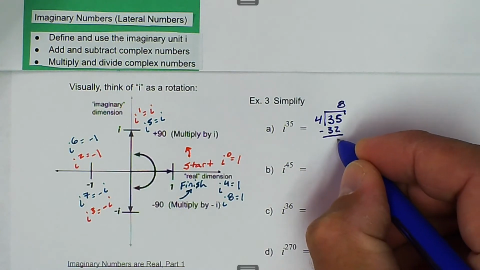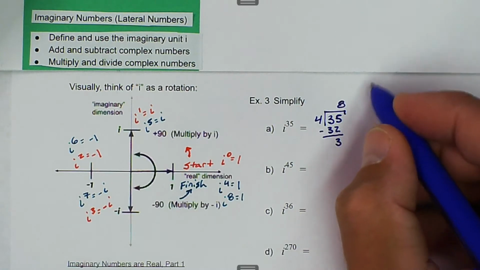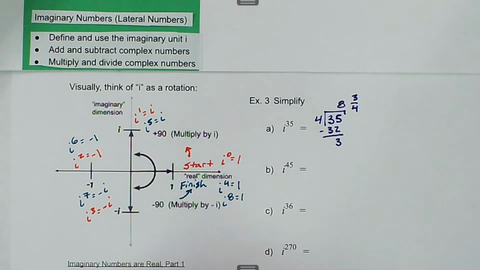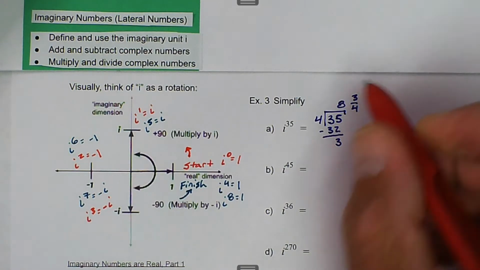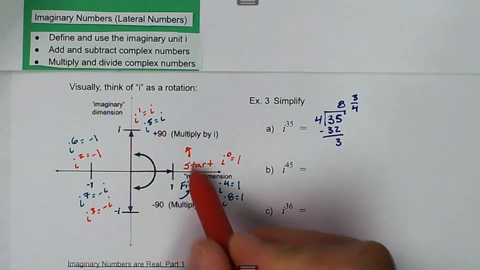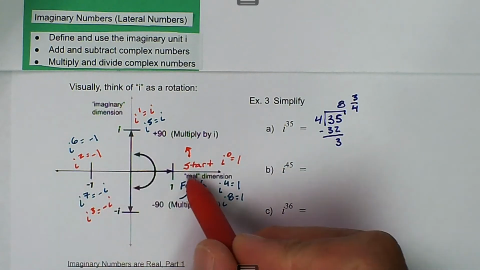So when we finish, there's nothing that we bring down, so we can write it as a fraction, 8 and 3/4. That's how many times we go around. So because we start here, we go around 8 times. 1, 2, 3, 4, 5, 6, 7, 8.